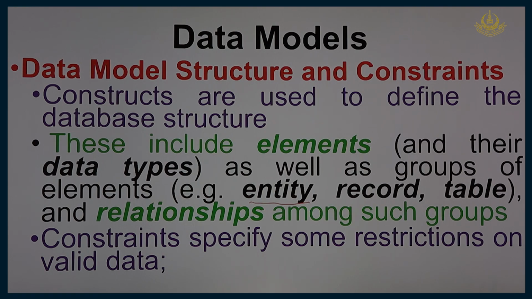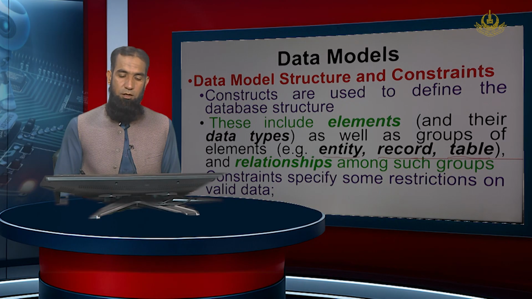The records are complete information for a specific instance. Entities are created at design time and tables are at implementation time, and then the relationship between these entities. Constraints specify some restrictions on these data values, as we talked about earlier.